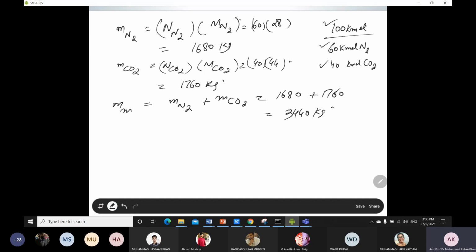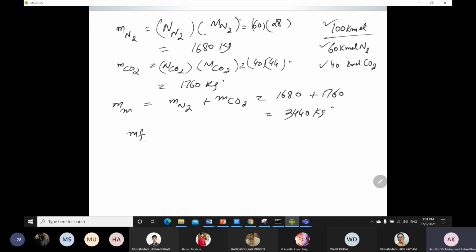Now we have both of these terms, so we can easily find the mass fraction of the individual components. Mass fraction of N2 is equal to mass of N2 over mass of mixture. Dividing 1680 by 3440, it will be equal to 0.488, or 48.8%.